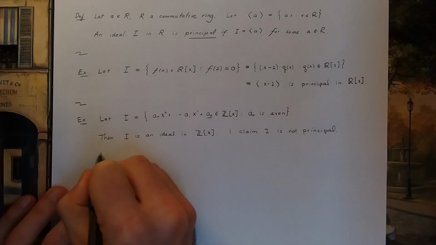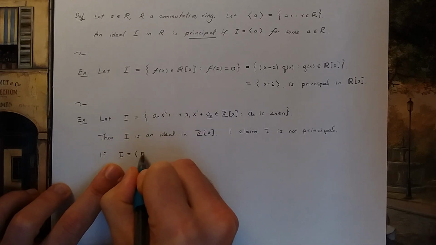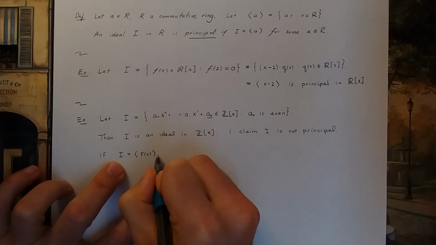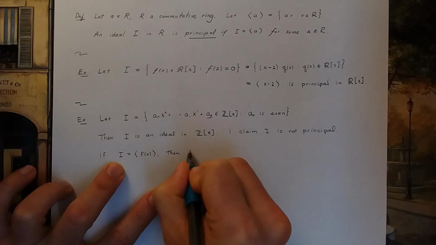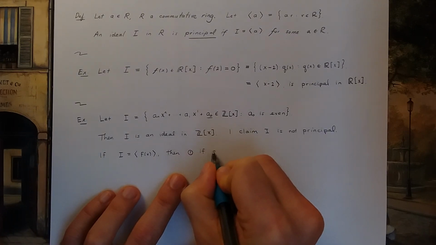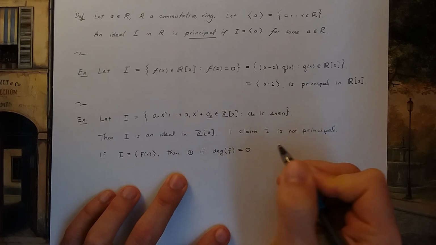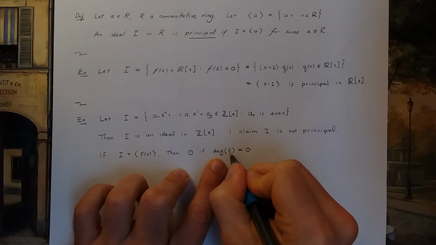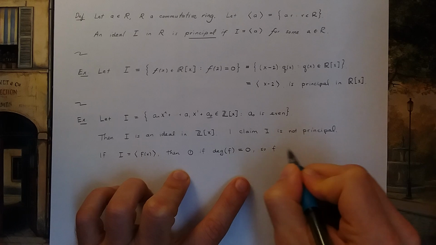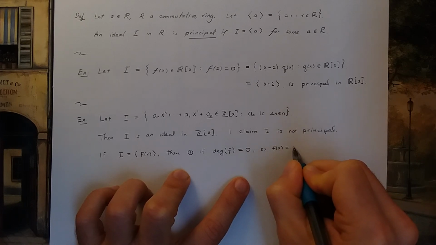Why not? Well, let's suppose it was. What would happen if I was generated by a single polynomial f? Well, then one of two things happens. Maybe the degree of f is 0, meaning that f is just a constant term. So f is just simply a constant, like a.